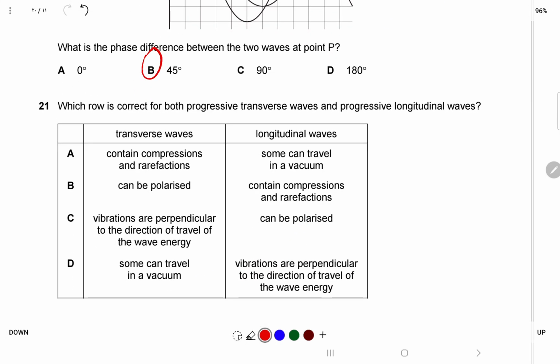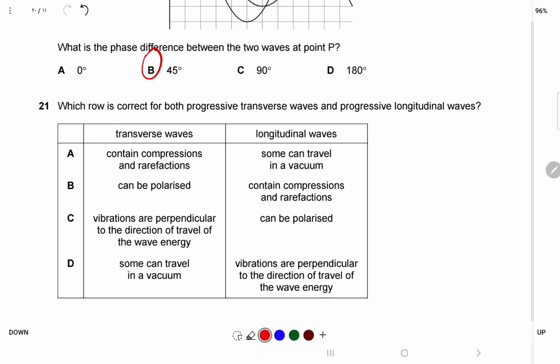Next question. Which row is correct for both progressive transverse waves and progressive longitudinal waves? Transverse waves oscillate at right angles to the direction of travel. Longitudinal waves oscillate parallel to the direction of travel.